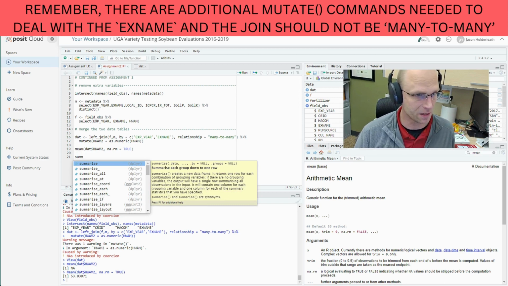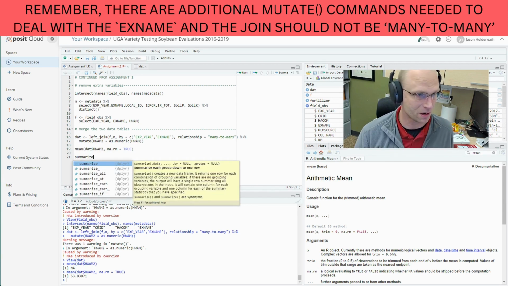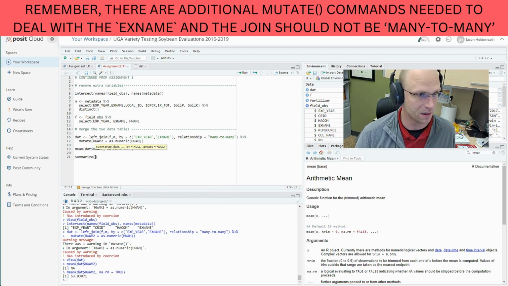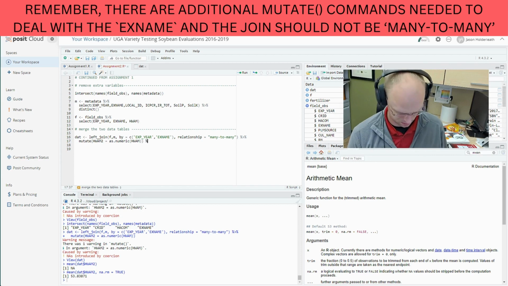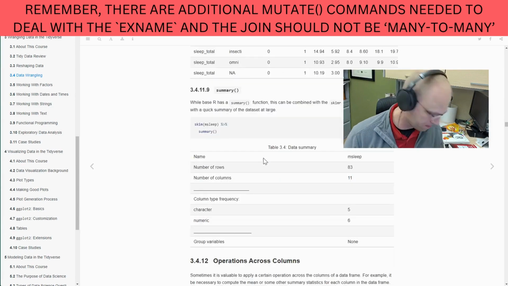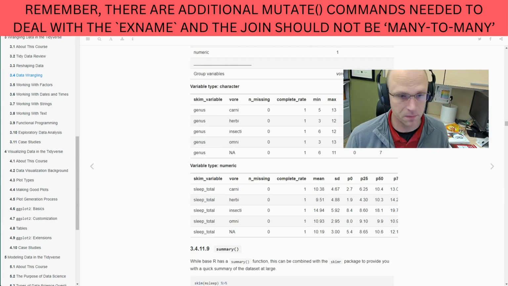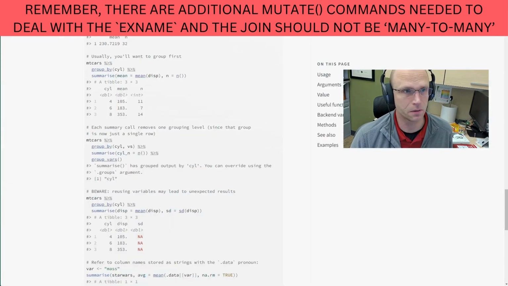Now, I think I've trained R in. It actually has the U.S. spelling or the British spelling. You can go either direction on that. So let's delete that, and we want to use summarize. Let's look at the help on that. All right, so we're going to use the summarize function.